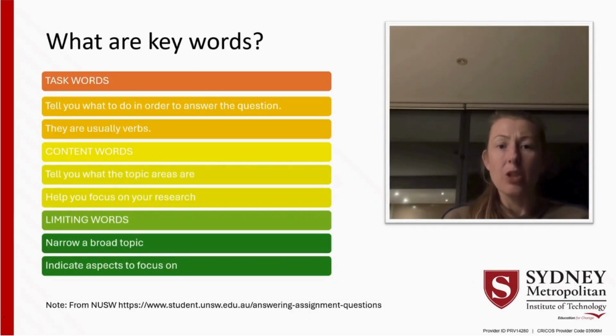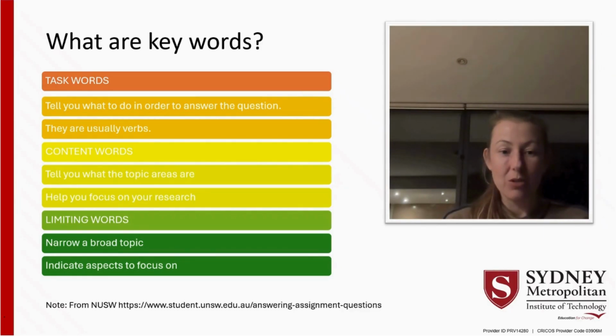Task words are what it is that we want you to do, for example, analyze, discuss, evaluate, etc. The content words are the key ideas or topic you should focus on. And the limiting words talk about the scope and what you need to include and what you shouldn't include.